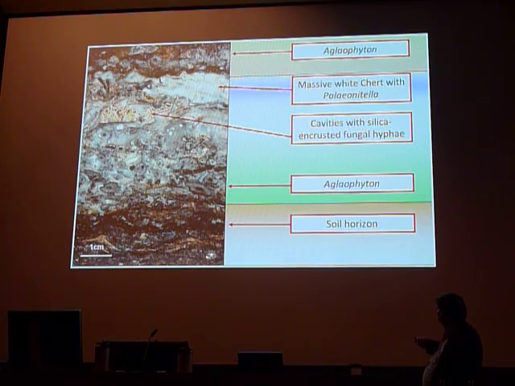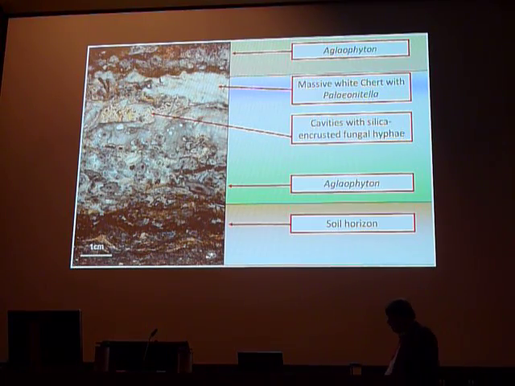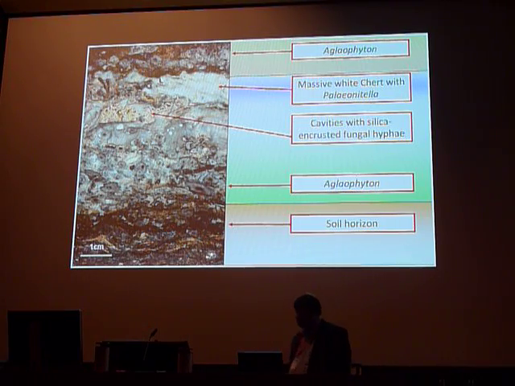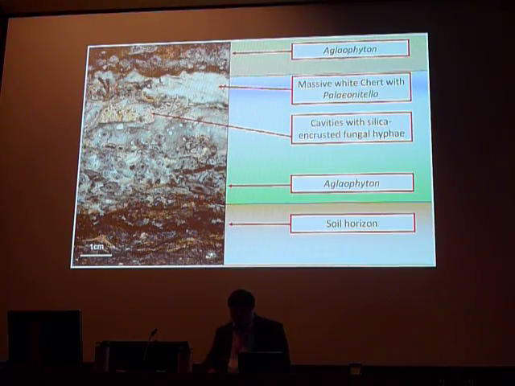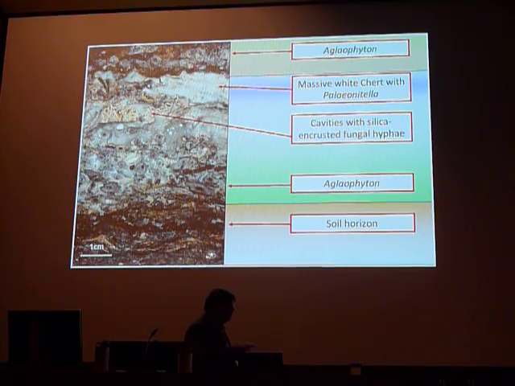Here we have cavities encrusted with silica, with white silica pockets containing charophytes, so they are small ponds. And here we have another soil horizon, very thin, and a layer of Aglaophyton again. So every one of these layers is a single flooding.